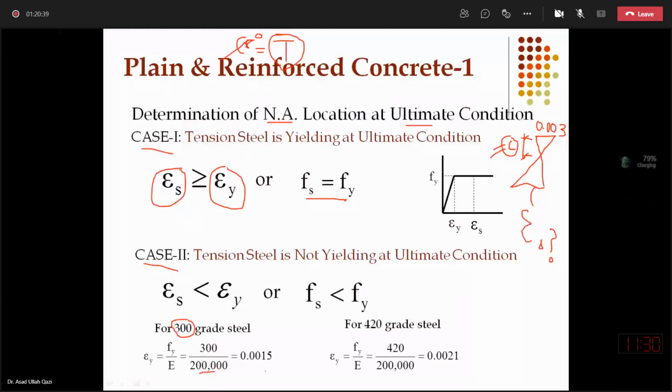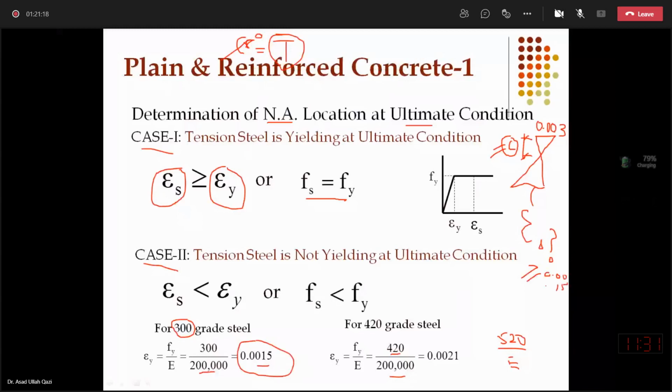For 420, even for 520, you can get the yield strain by dividing by E. So when concrete is at 0.003, if grade 300 steel was used in the beam, epsilon S was either greater than or equal to 0.0015. This is one possibility. We call it case 1.